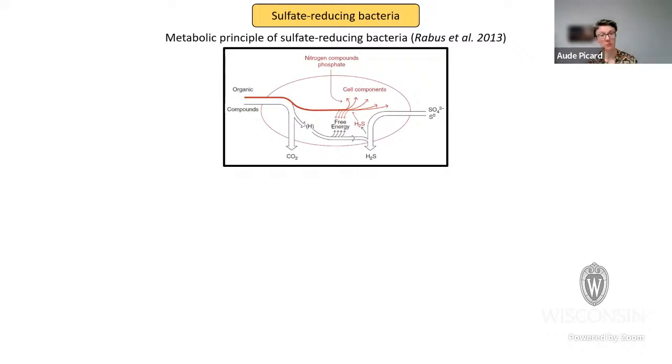I'm interested in sulfate-reducing bacteria, and here we have an illustration from a review on sulfate-reducing microorganisms by Robert et al., showing what they call the metabolic principle of sulfate-reducing bacteria. These organisms are tremendously important on modern Earth, even if they live in anoxic environments, which are now limited in volume.